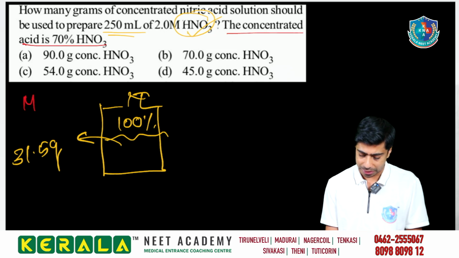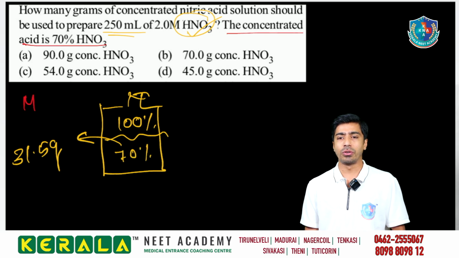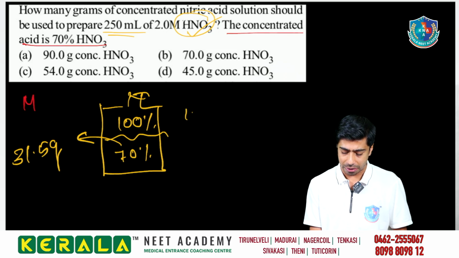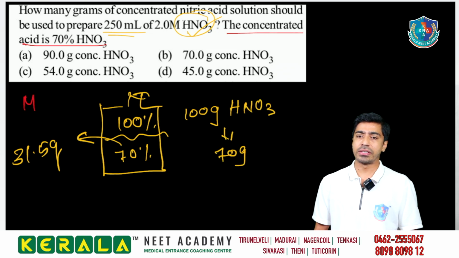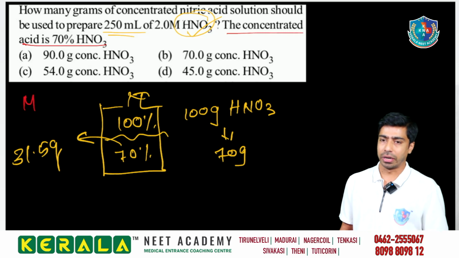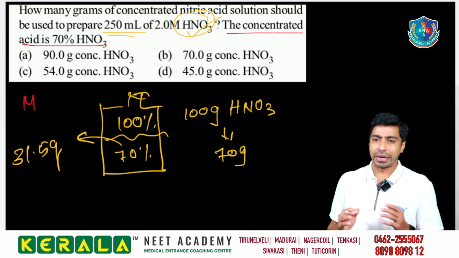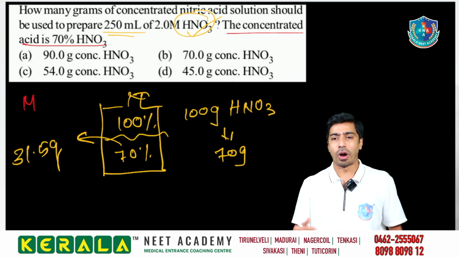But here it is mentioned it is only 70% pure. 70% pure means 100 gram of the solution contains only 70 gram HNO3. If I take 100 gram from the bottle, theoretically I am getting only 70 gram. The remaining 30 gram is water, because the nitric acid is diluted in water.